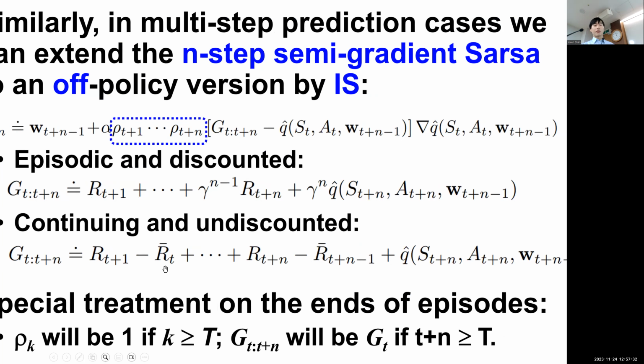If we reach the terminal state, then the IS ratio rho_k will be 1. At the same time, G_t will just equal the total MC return until the terminal state. So if t plus n is larger than or equal to T, that deals with the terminal states. The waiting part we already considered, right?